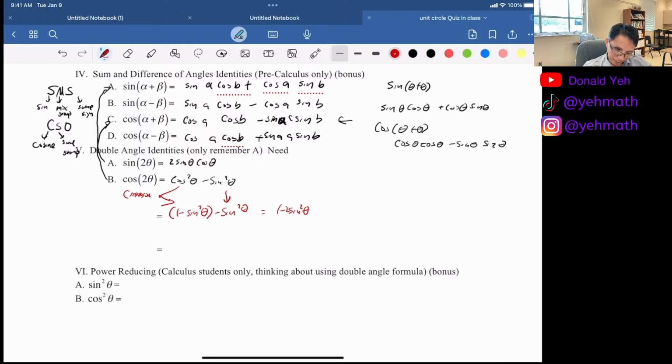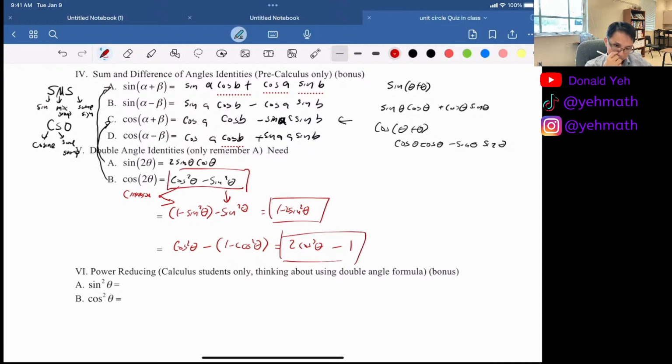Same thing the other way: cosine squared theta minus 1 minus cosine squared theta. The 2 negative signs become positive, so it'll be 2 cosine squared theta minus 1. And this becomes the 3 different versions of the double angle.